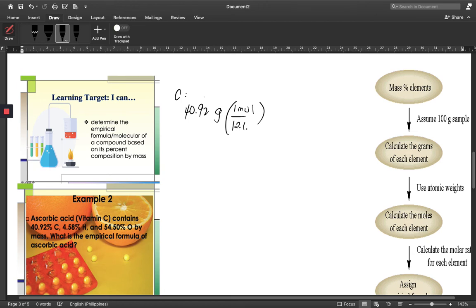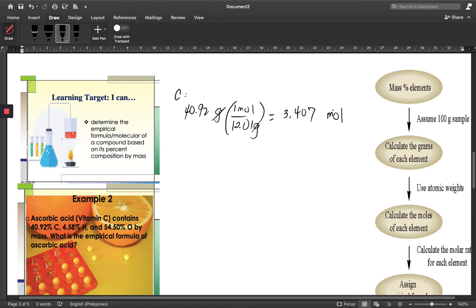Again, this is the molar mass of carbon, 12.01 grams of carbon. Then we get to cancel. So we have, for the number of moles of carbon, 3.407 moles.